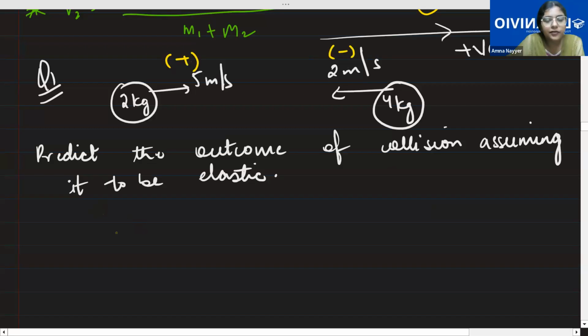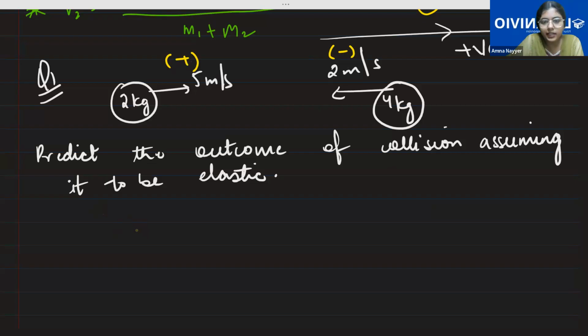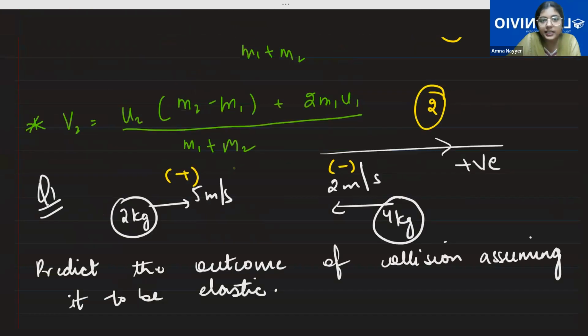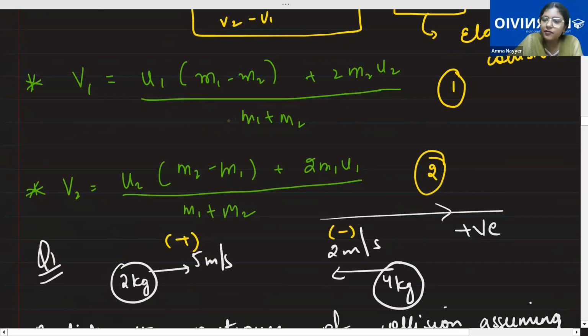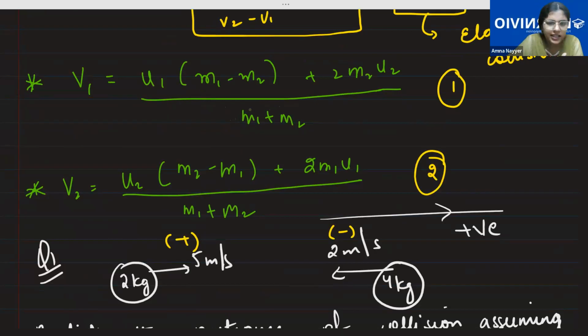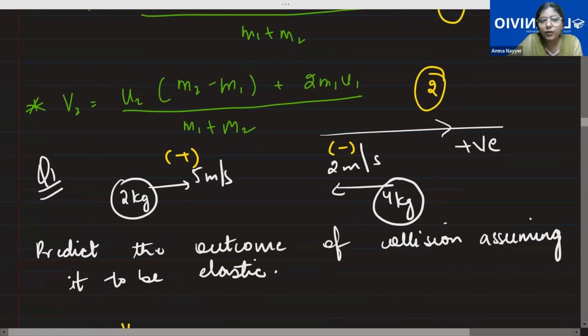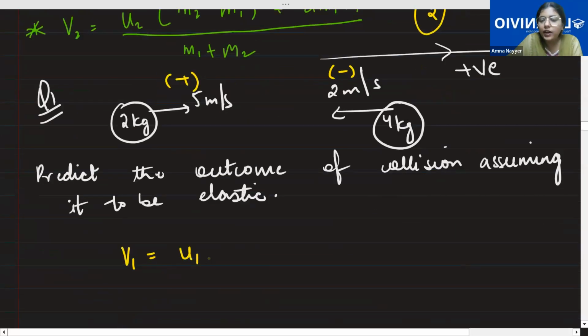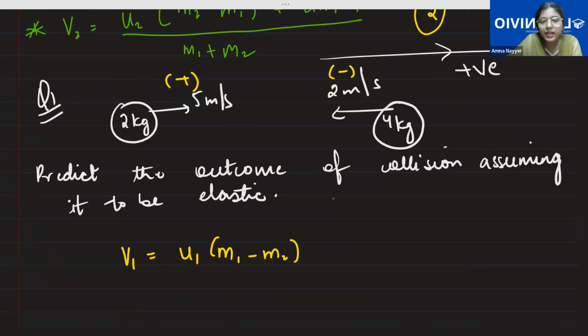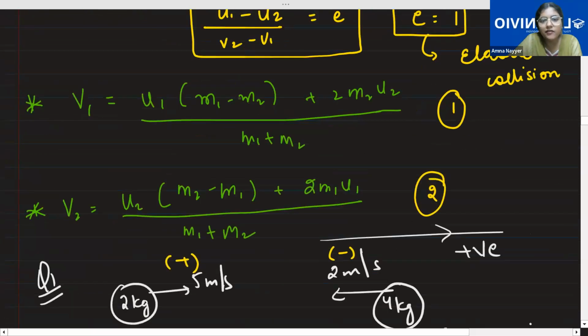Now, for the value of the velocities, directly put it. We want to see how these are derived. These are derived using the same formula, m1 u1 plus m2 u2 and all. From there only we have it, but you don't just remember the formula directly. So if I have to get v1, I'll use u1 m1 minus m2. For masses, when you have m1 minus m2 or m2 minus m1, this depends on the mass.